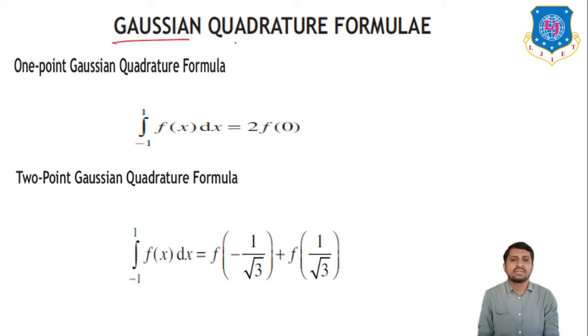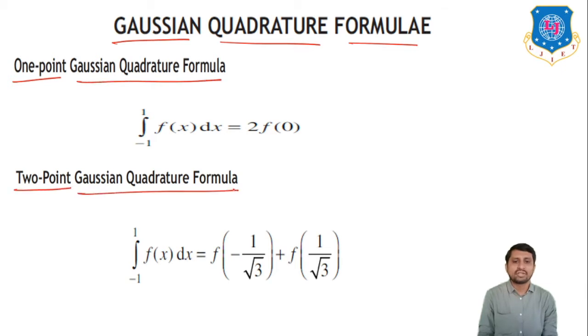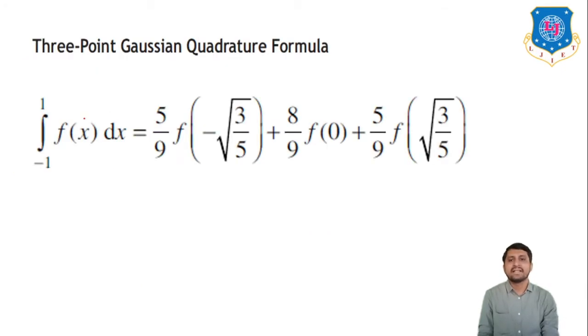Gaussian quadrature formula. In your syllabus, we only discuss the 1-point, 2-point, and 3-point Gaussian quadrature formula.